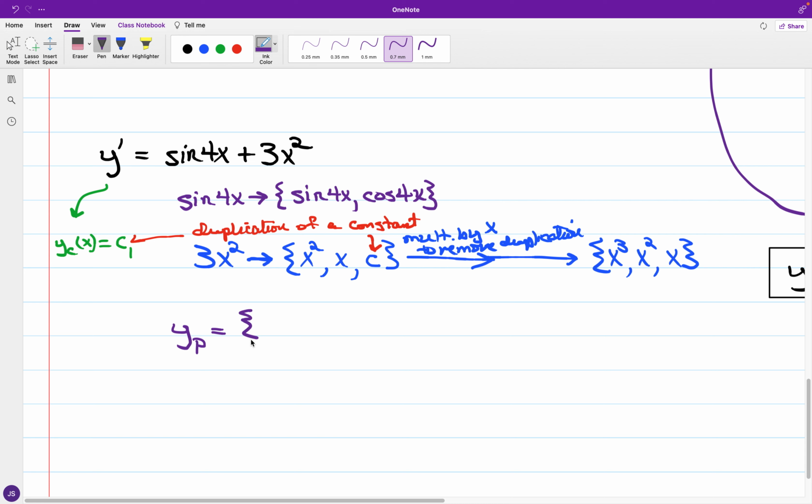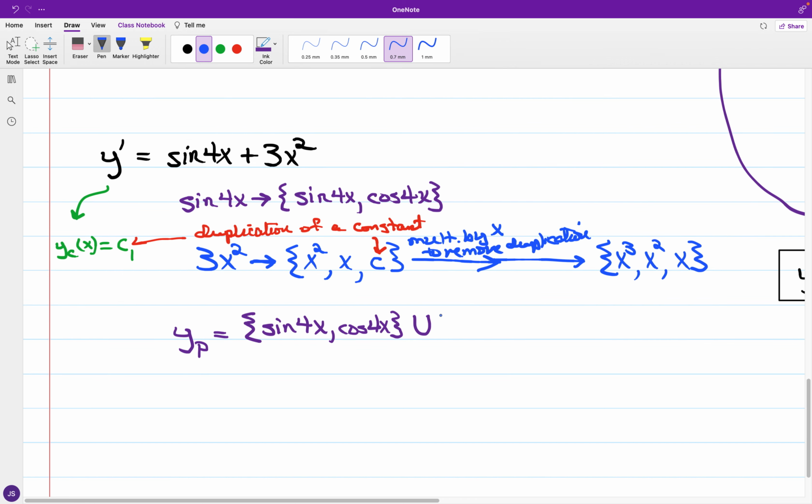Now, we have initially, if we look at combining what we have here, sine of 4x and cosine of 4x, and with 3x squared, we can take what's referred to as the union with x cubed, x squared, and x.